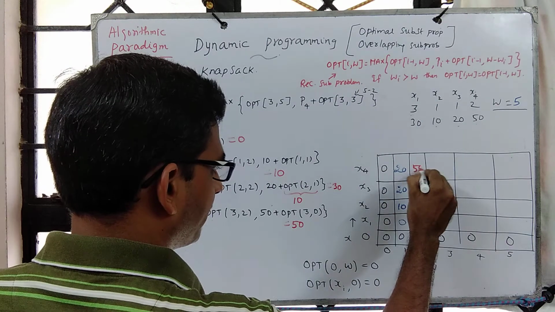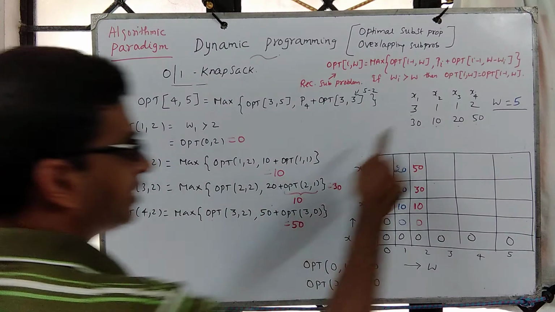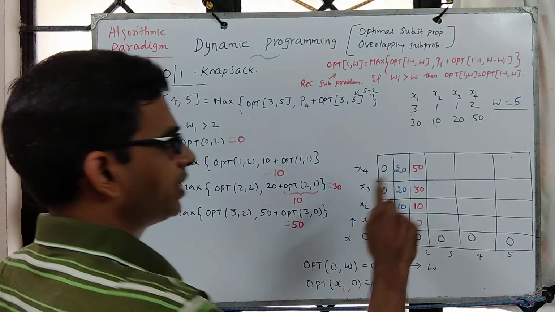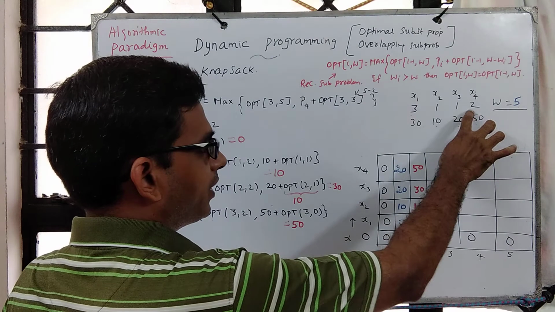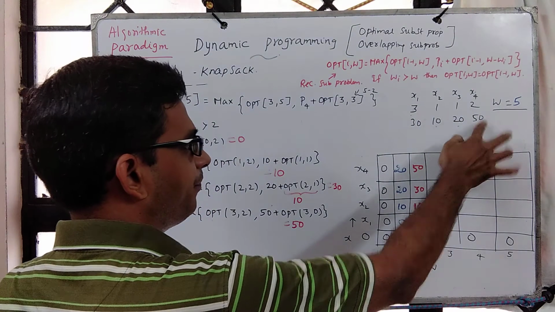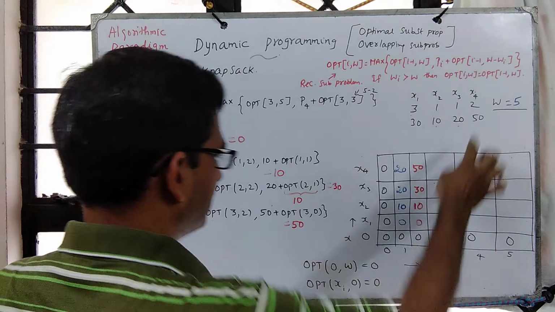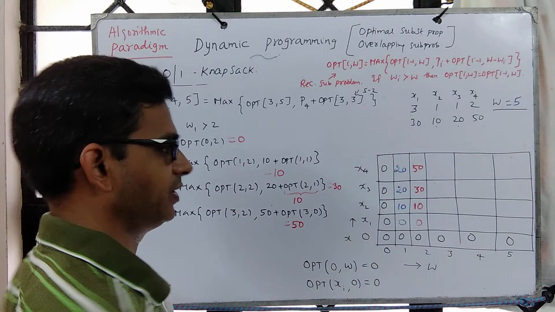So this is what we get here. So what this says is work with first 4 objects and local capacity being 2. If you simply include x4, then we get a profit of 50. If you include these two, we get a profit of 30. So this one is maximum, which is why this entry is 50.